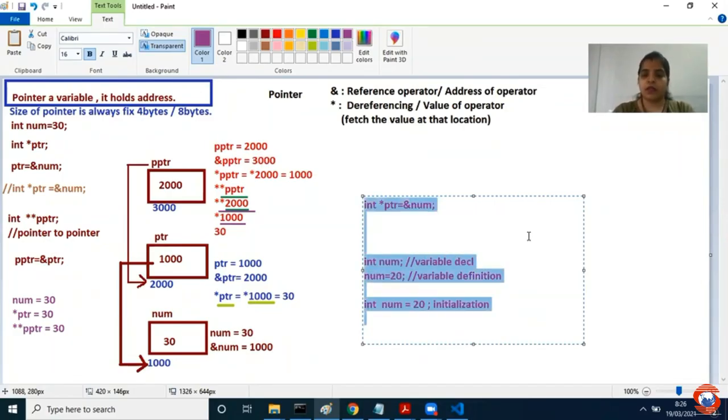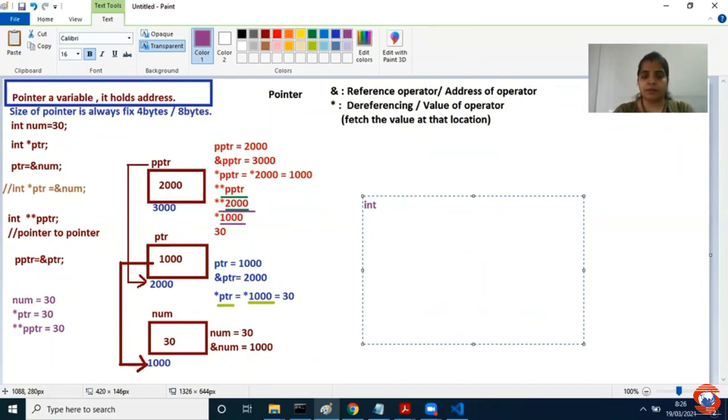Next, suppose I'm writing integer pointer PTR. Can you please tell me, is it a declaration or definition? It is just the declaration. I'm writing PTR is holding address of num. What is it? It is a definition. If I wish to combine these two, how will I intimate my compiler? मैं compiler को बोलूंगी कि I am going to use one pointer variable PTR which is holding address of num.